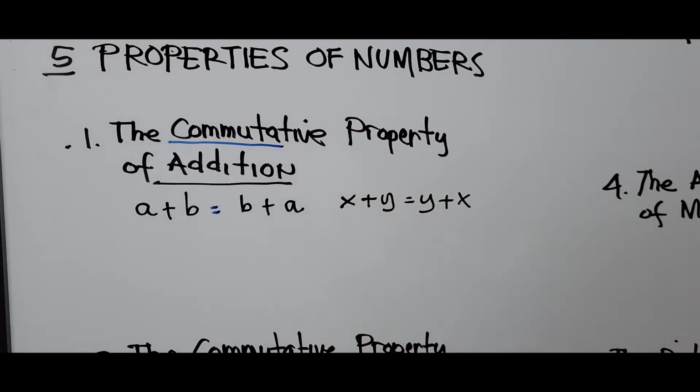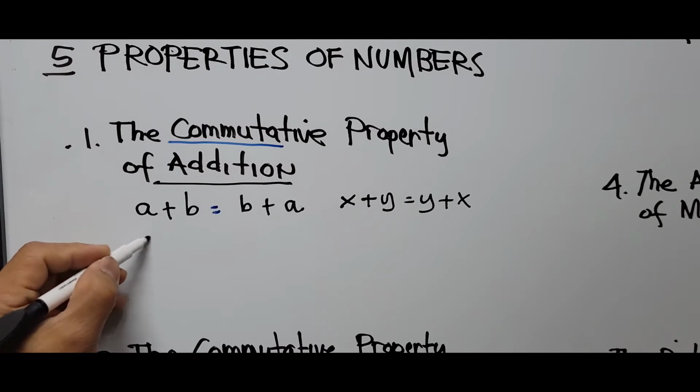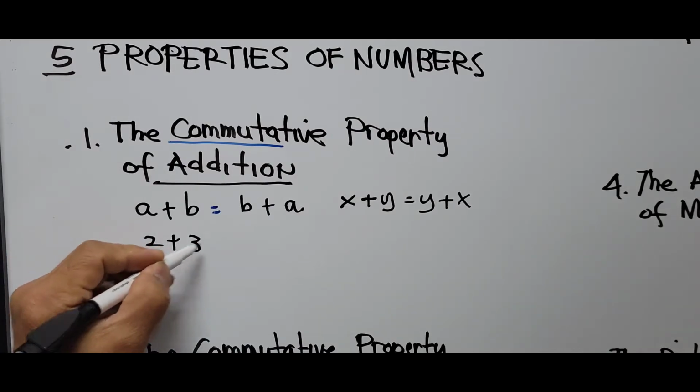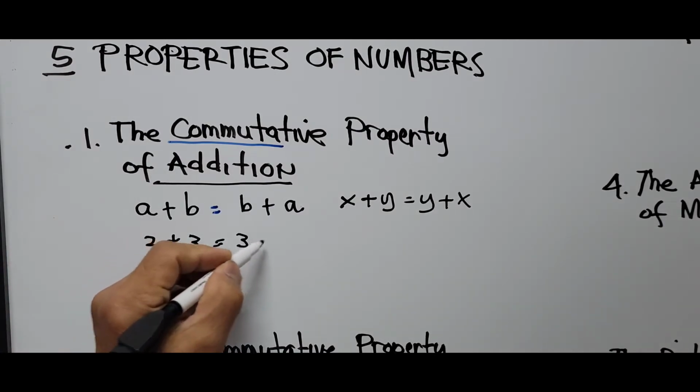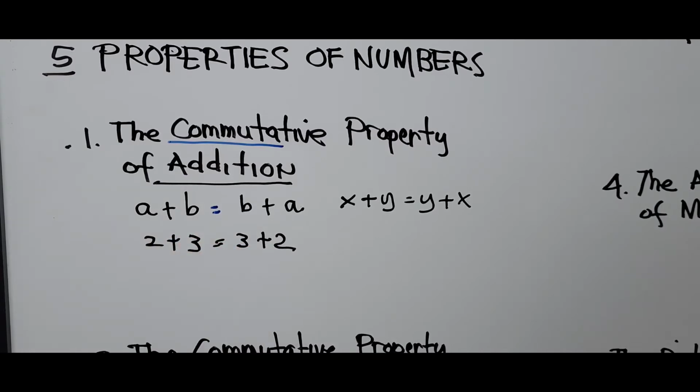How do we represent that in numbers, in numerical expression? So let's say 2 plus 3 is the same as 3 plus 2. It's very simple, right?